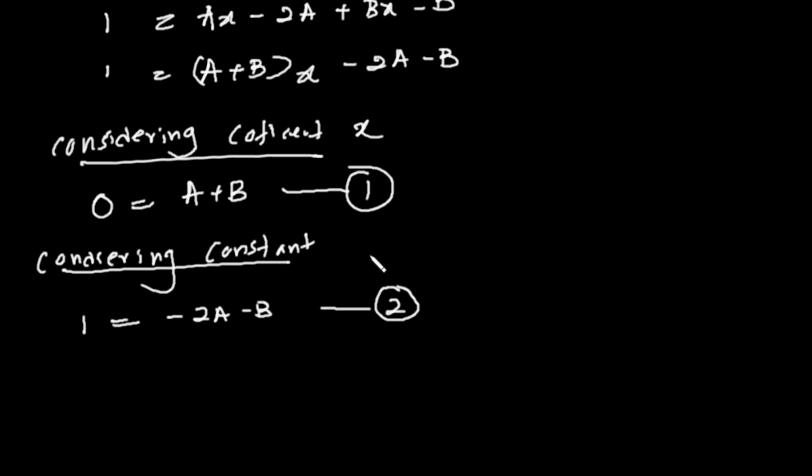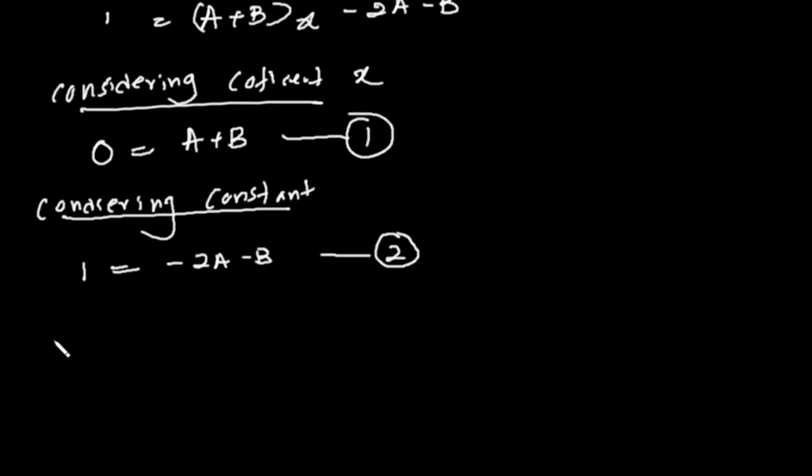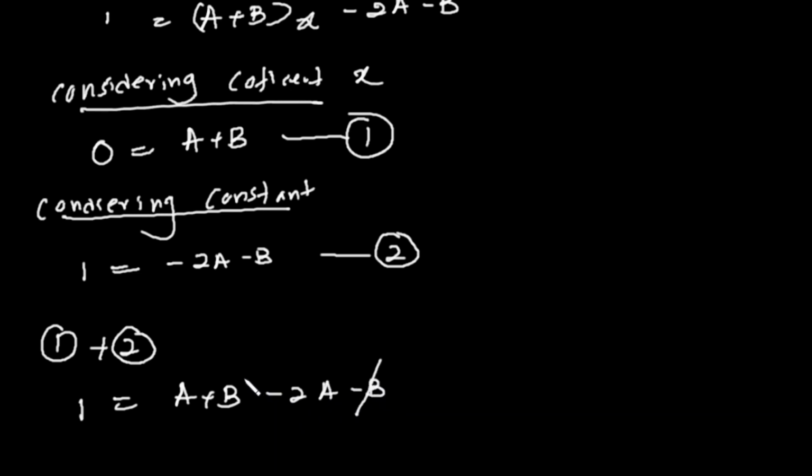So I can add the first equation and second equation. So 1 plus 2: on this side we get 1, and on this side a plus b minus 2a minus b. This b we can remove.